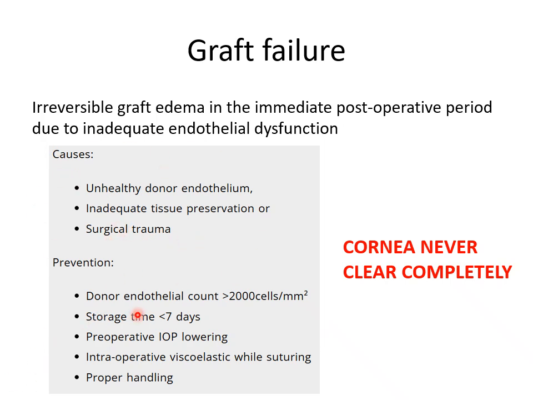How to prevent? Ensure that the donor endothelial count is more than 2000 in the specular microscopy. Storage time, ideally less than 7 days, is good. Preoperative IOP lowering, if required, you can give IV mannitol or oral acetazolamide to the patient. Intraoperative viscoelastic while suturing, yes, to avoid damage to the underlying intraocular structures, and proper handling of the corneal button.